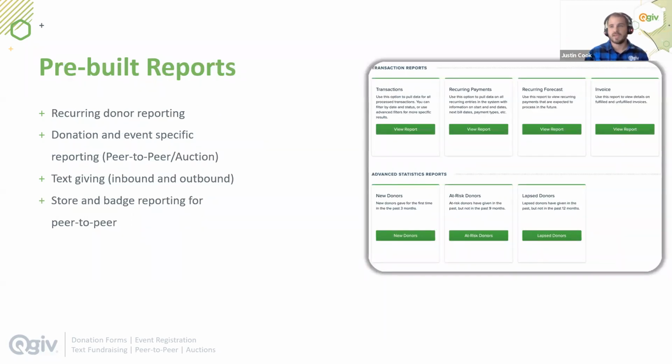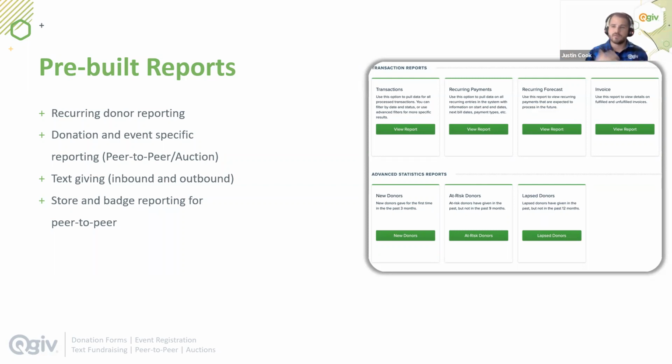Like I was mentioning before, we have tons of pre-built reports that can help your organization quickly pull the most important information to your organization. Things like transactions or recurring payments, a forecast of recurring. If you're looking for an invoice, all of those are pretty standard reports that we have within our dashboard.